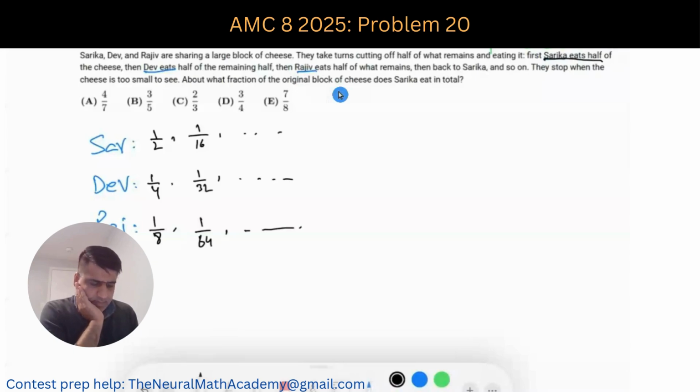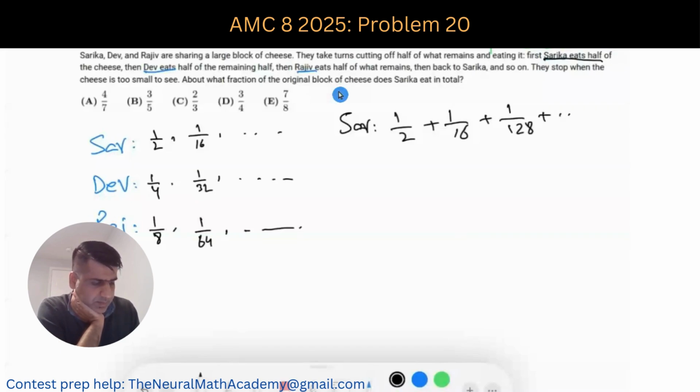So if we see what Sarika has eaten, we can write it like this. Sarika is 1/2 plus 1/16. Maybe I can add another term, so that would be 1/128, and plus this sequence it will continue.